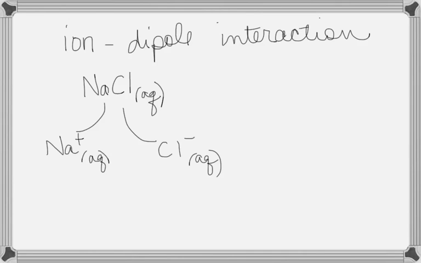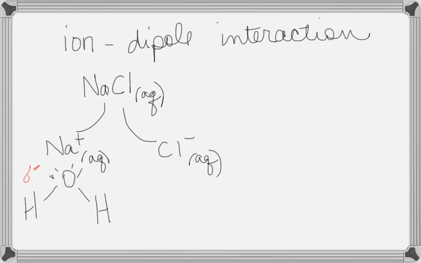Water is a polar molecule, hence the dipole part of it. So when you look at the Lewis structure for a water molecule, the lone pairs on the oxygen give this area a partial negative charge. Okay, this little squiggly, an O with a tail on the top, means partial.